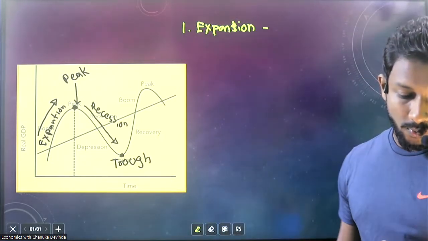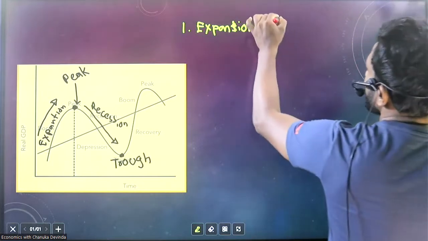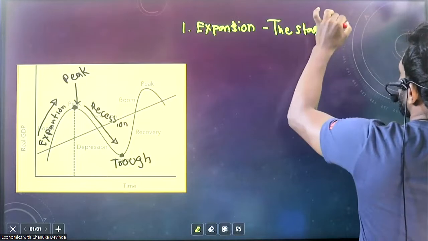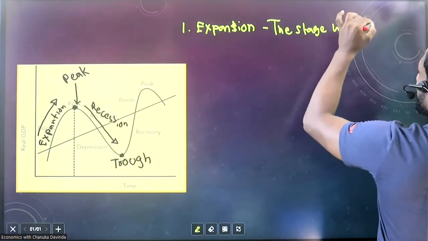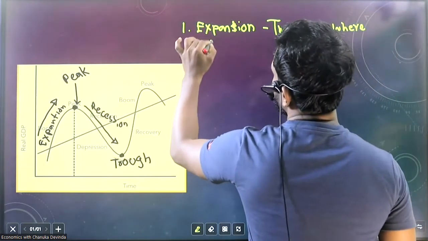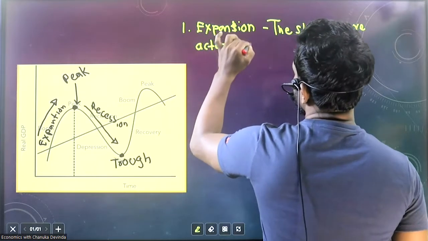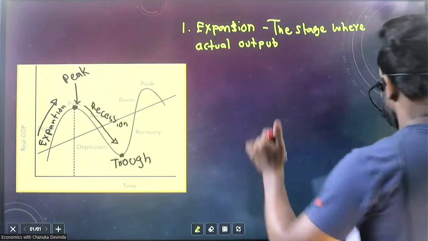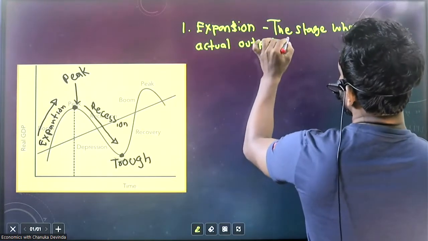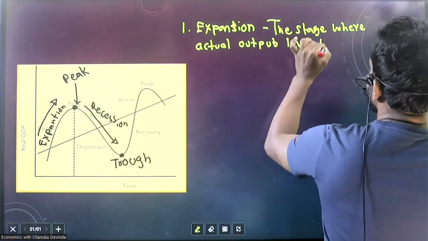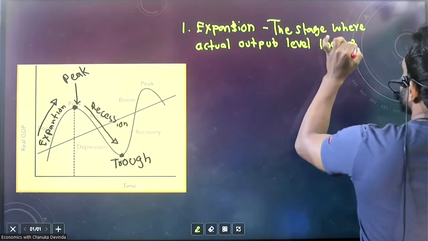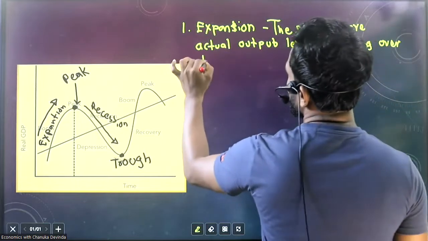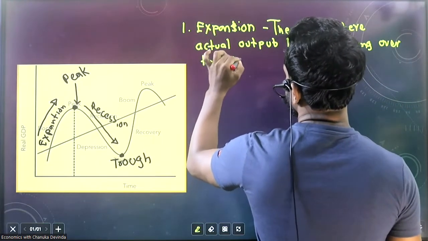So we'll write down: the stage where actual output is growing, or the output level is increasing over the period.